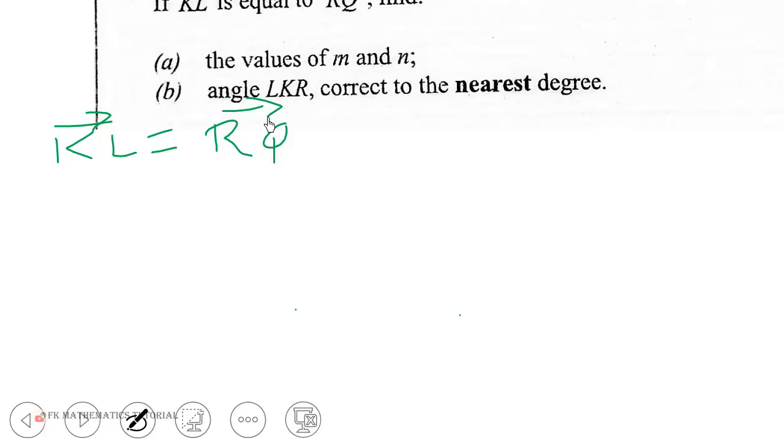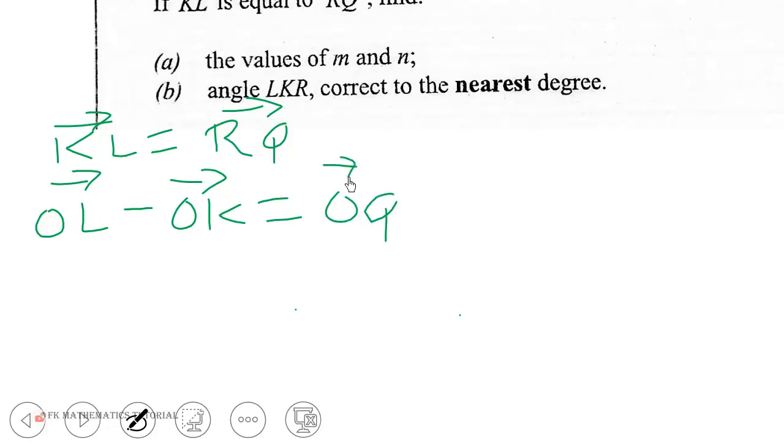So we know KL is equal to position vector OL minus vector OK. So it will be equal to vector OQ minus vector OR. So straightforward, we substitute.